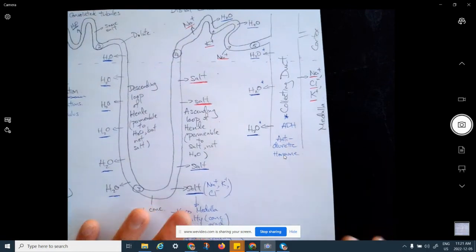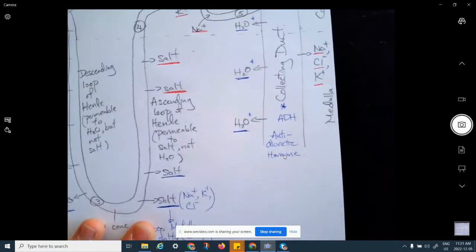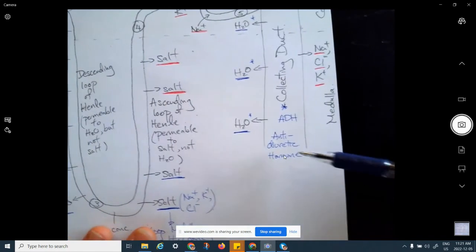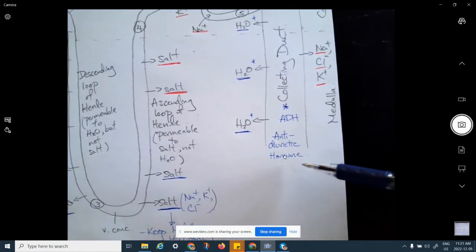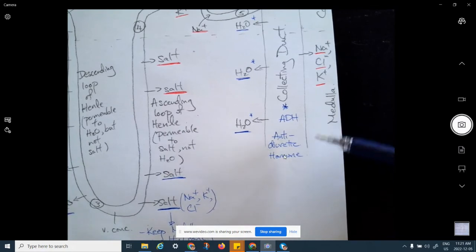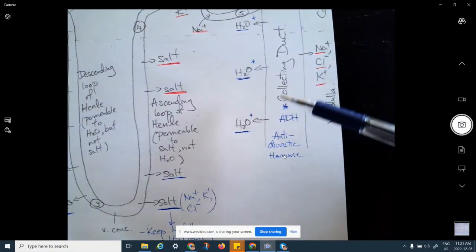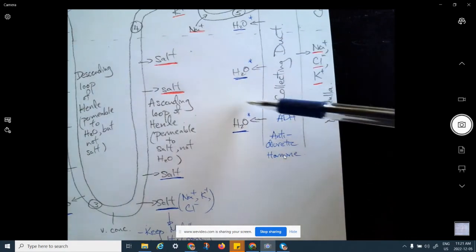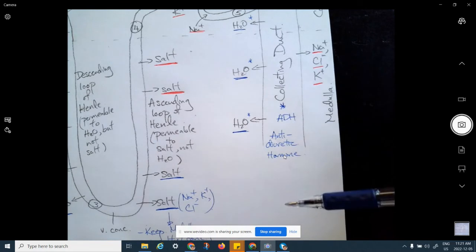So when antidiuretic hormone is there, by the way, diuretic means to go pee. So antidiuretic hormone means you're trying not to pee. You're trying to not lose water. So when it's there, you don't pee out as much liquid.